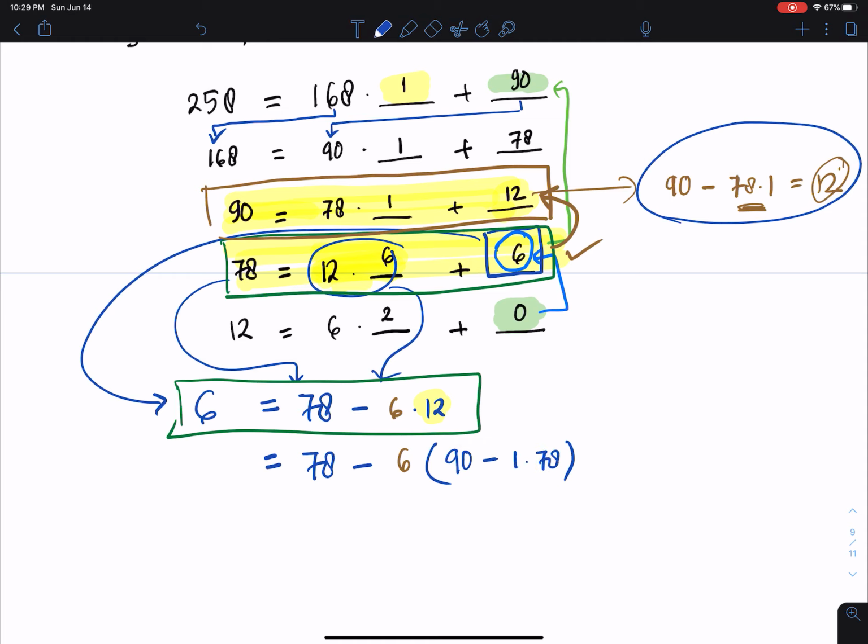It's the same, yeah, and the one here is the multiplied number. So continue. 78 minus, this one is over here and over here, isn't it? It's distributive, yeah. So we will have 6 times 90, and then here we have minus become positive.